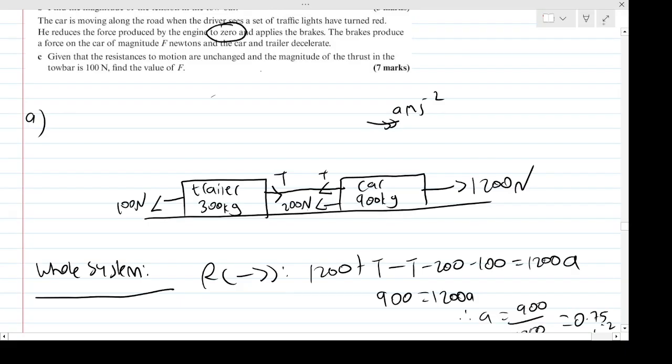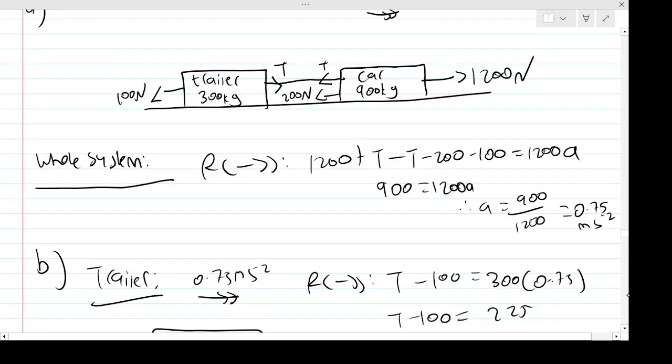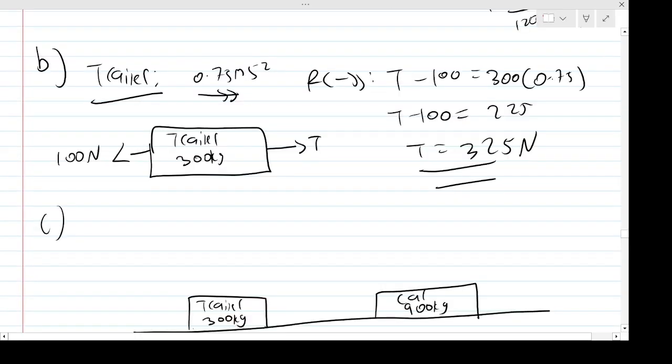This force goes to 0. So there is no force forward from the car. What we're also told is the brakes produced a force F newtons. So if you think about it, the brakes will try and slow you down. So the brake will have a braking force acting the other way. So I'll call that B, for the braking force.